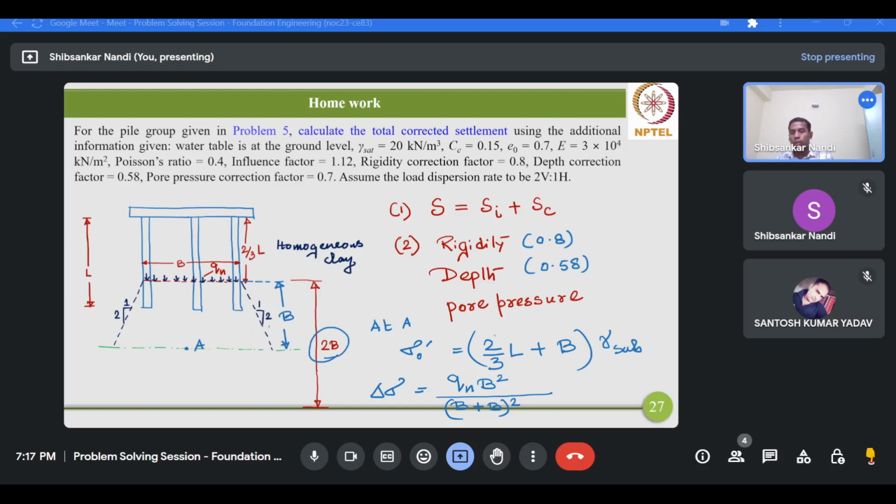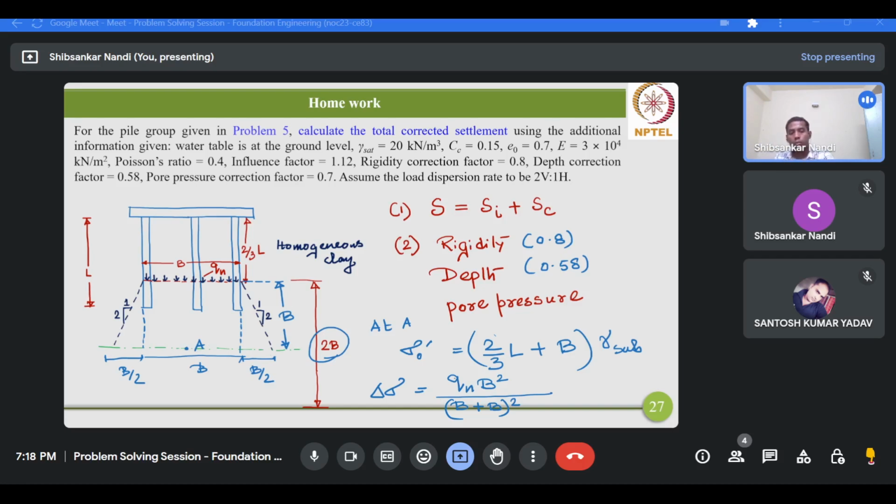So to go a depth of B with an angle of 2 vertical to 1 horizontal, the added dispersion will be B by 2 on each side, and this was already B. So B plus B by 2 plus B by 2, that means B plus B, 2B times 2B. Okay, so this will give you the additional stress increase at this level A. So Qn you know, B you know, so you can easily determine the delta sigma.